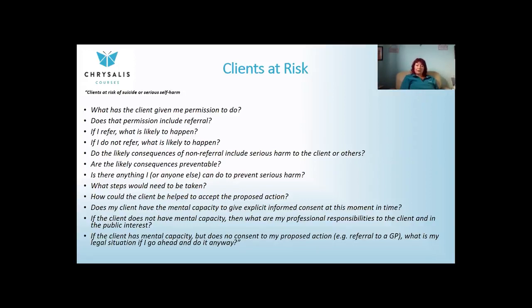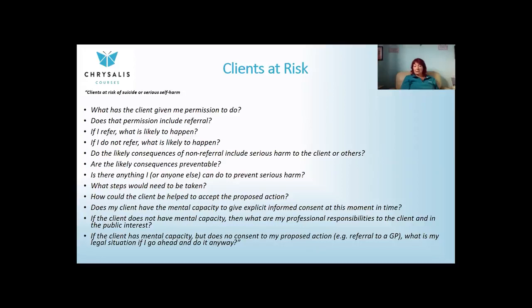So things you need to ask yourself and talk about in supervision are: what has the client given me permission to do? Does that permission include referral? If I refer, what is likely to happen? If I don't refer, what is likely to happen?